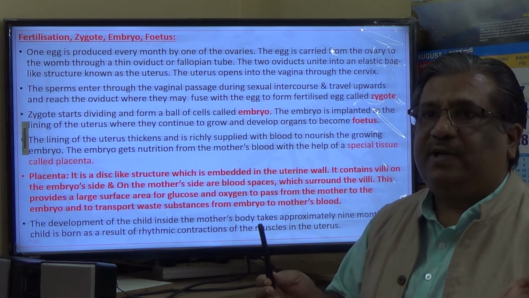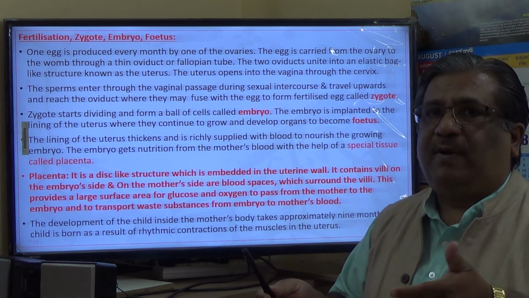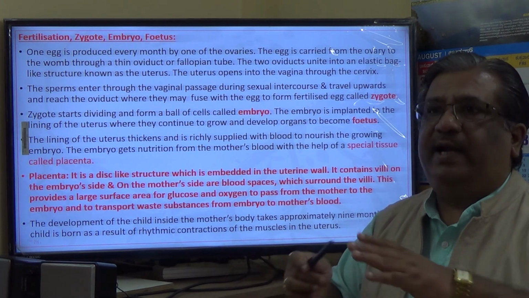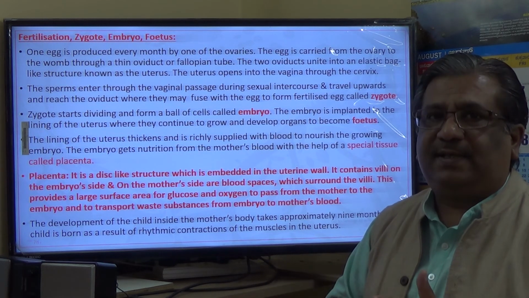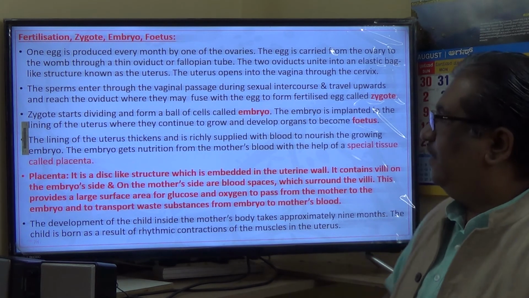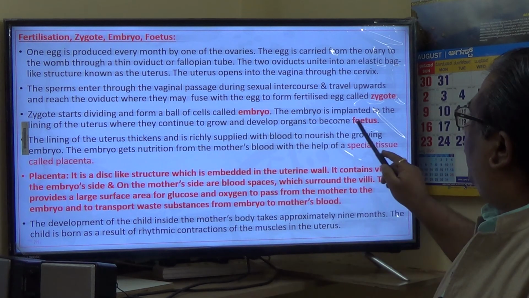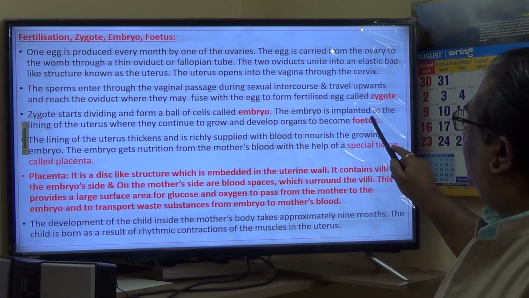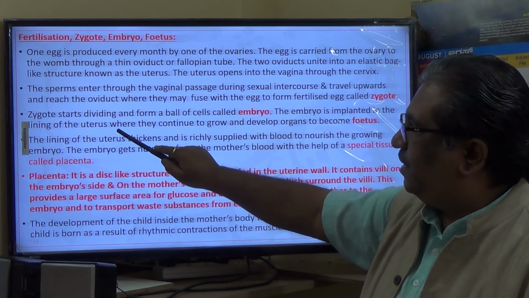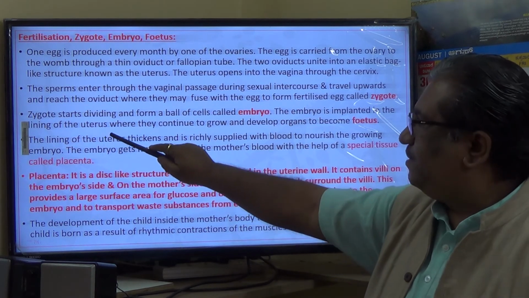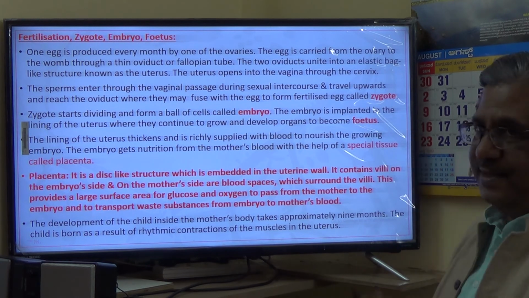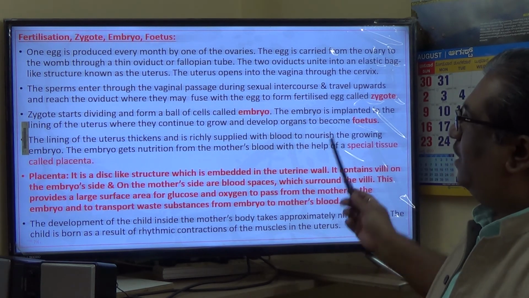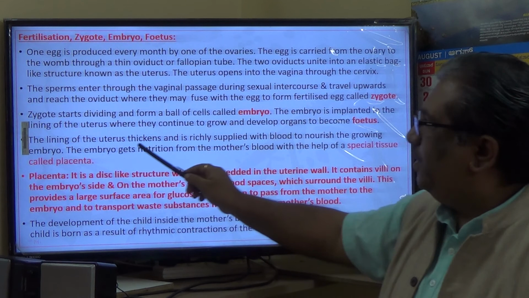The embryo comes down from the fallopian tube, enters into the uterus, and on the walls of the uterus it will get implanted. So the embryo gets implanted in the linings of the uterus, where it continues to grow and develop organs to become a fetus. Understood?